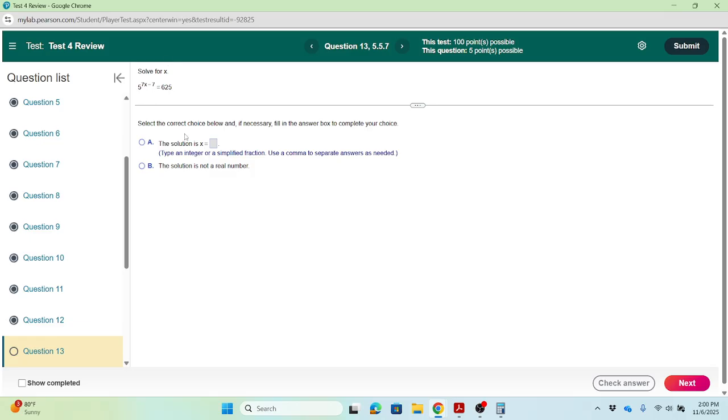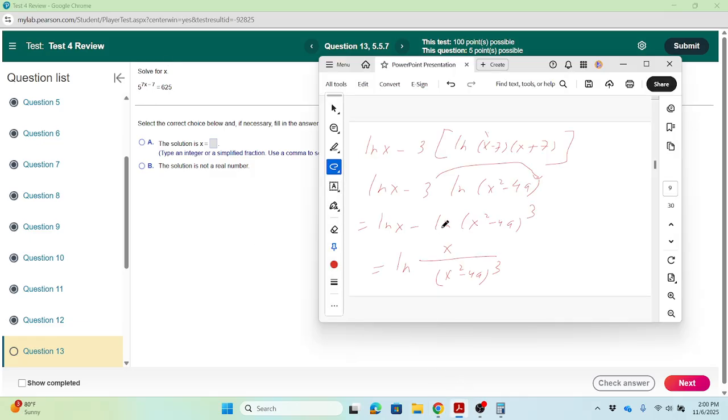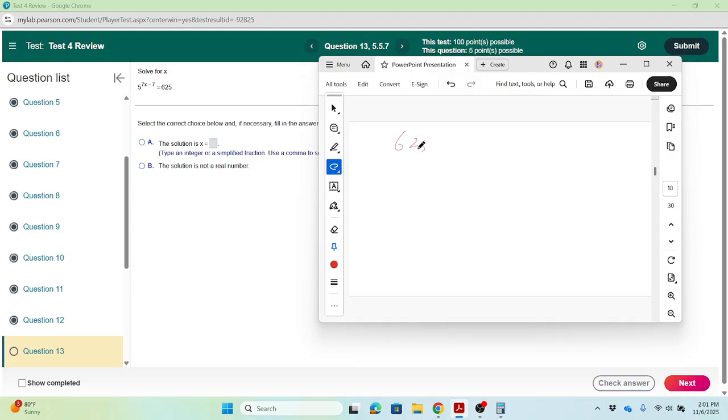Okay, solve this equation. Whenever it's possible, try to express both sides as the same base. So 625 can be written as 5 to the power 4: 5 times 5 is 25, times 5 is 125, times 5 is 625.